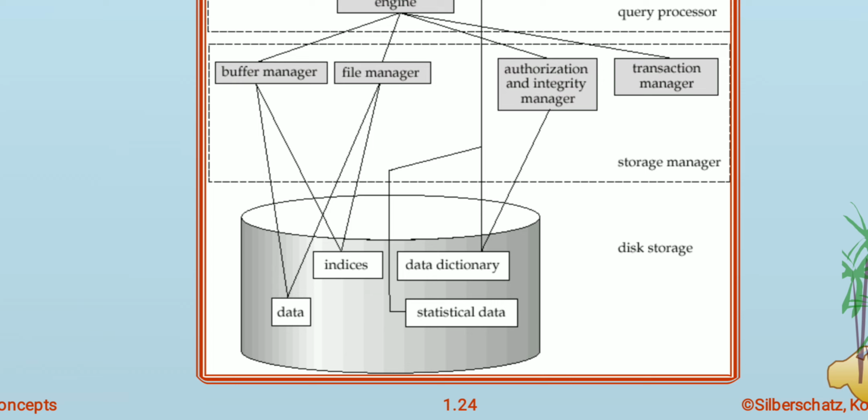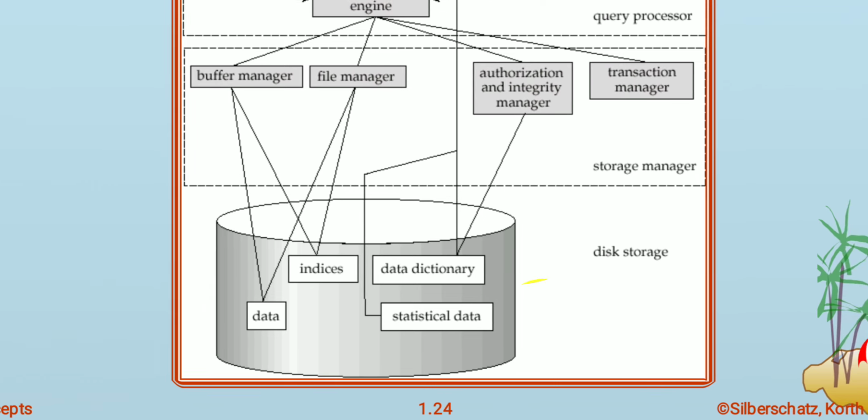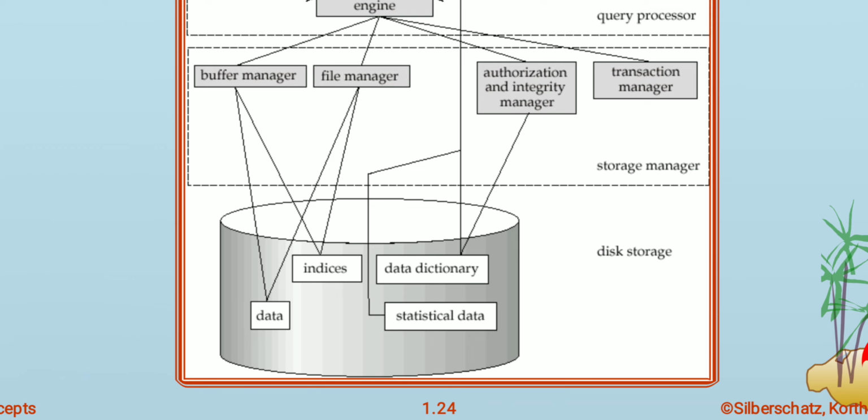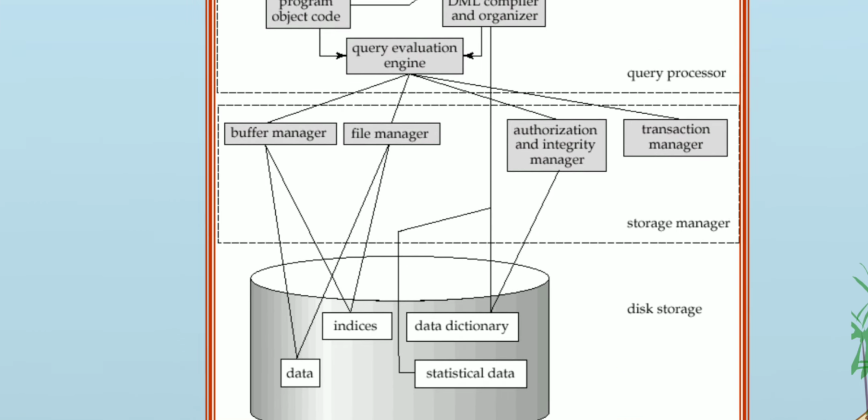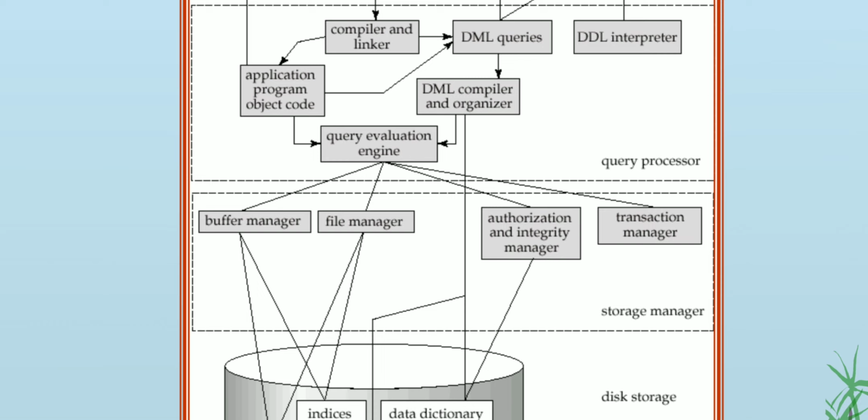There we have the data files, data dictionary and statistical data, where the storage manager has the buffer manager, file manager, authorization and integrity manager, and transaction manager. When the updates are being done, that comes under the DML compiler to the query evaluation engine.